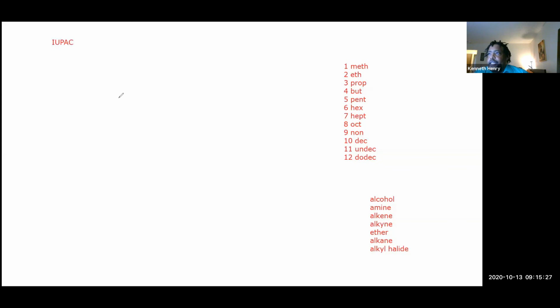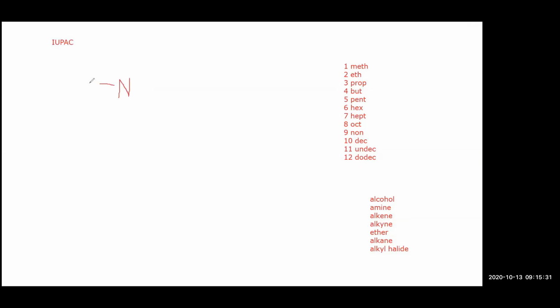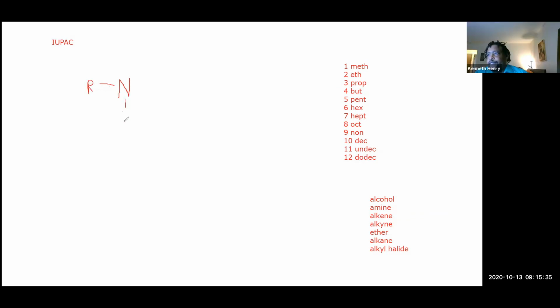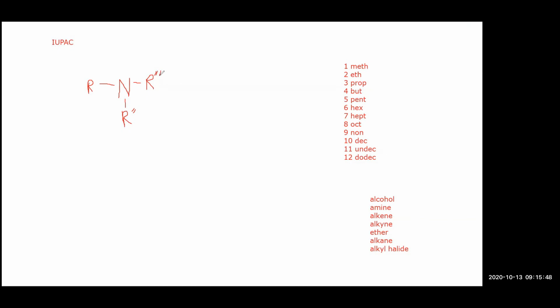Okay, so an amine is going to be N, R, R prime. And what does the R stand for again? Hydrocarbon. That's right.